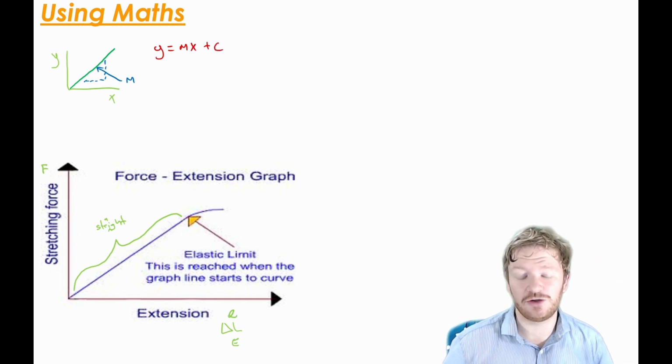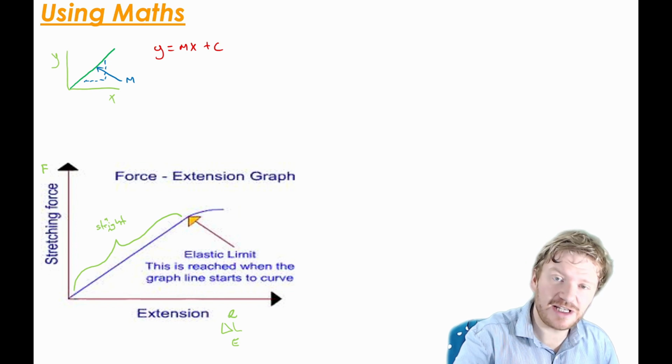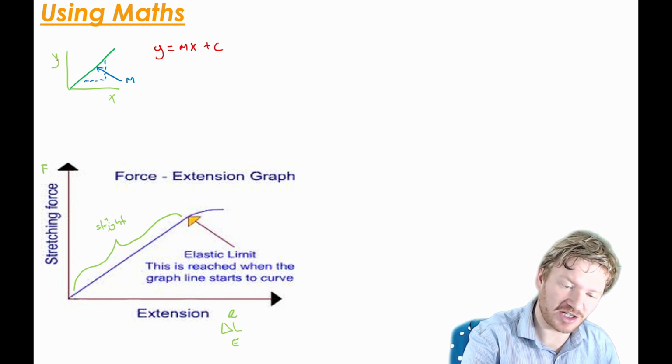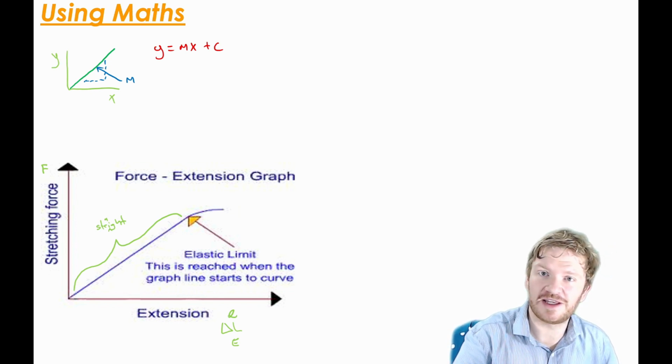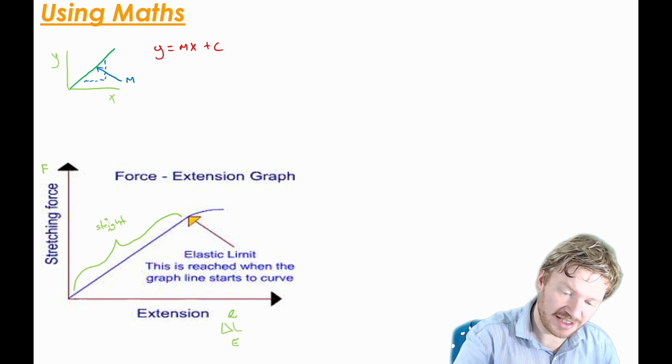This works for any graph. Does it really matter if I label this axis y, or this one x, or can I give it a different letter? It turns out it doesn't actually matter what letter I give it.